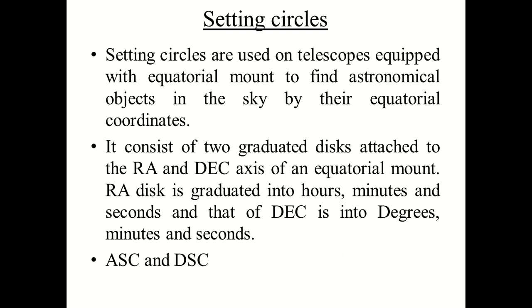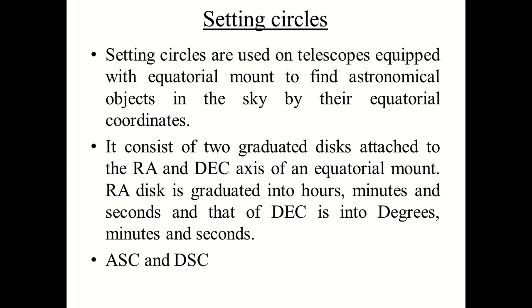The setting circles actually consist of two graduated scales or discs attached to the right ascension and declination axes of an equatorial mount. The right ascension disk is graduated in hours, minutes and seconds, and the declination disk is in degrees, minutes and seconds.